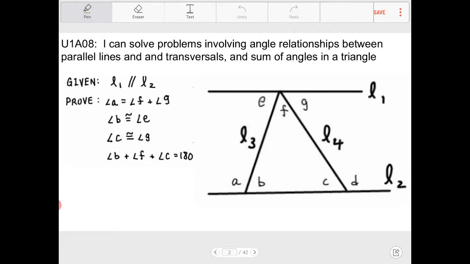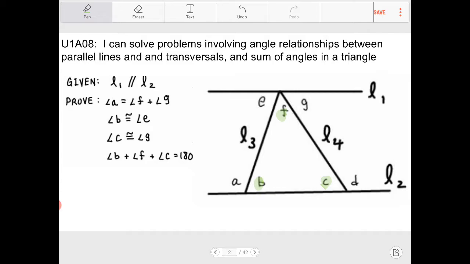And the objective here is to show that angle B, F, and C, so these three angles, add up to 180. Some of you may have enrolled into this class already having this understanding that the sum of the angles in a triangle is 180. But in this problem here, we're going to show why that's the case.